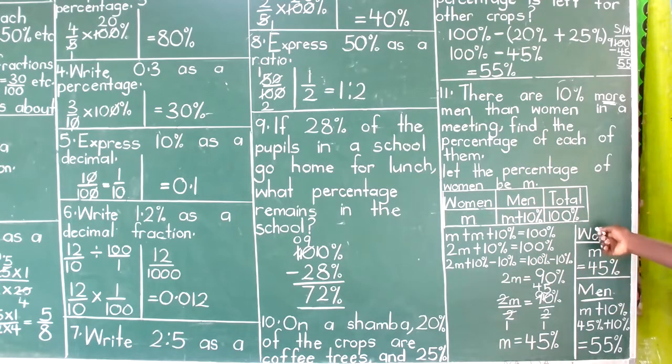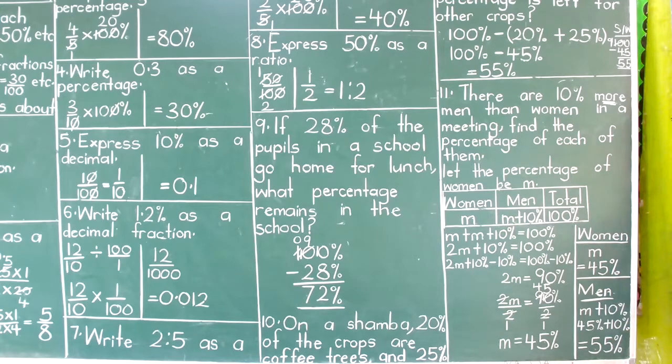Women's percentage is M, which is 45%. That's one of the answers. Then we are left with the men's percentage, which is M plus 10%, with M as 45%. So 45% plus 10%: men constitute 55%.